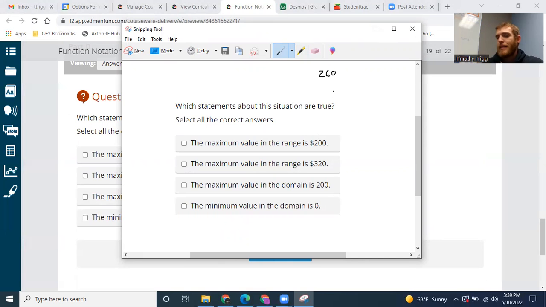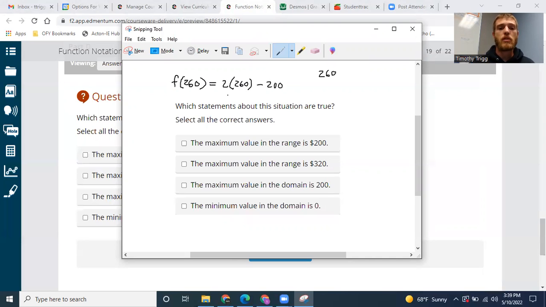So at best, they sell out, right? They sell every single bracelet. So what would be their profit in that case? So let's go ahead and calculate that. So what would be their profit if we do an input of selling 260 bracelets? So this would be $2 times 260, right? Because they're selling them for $2 each, minus the costs, $200.